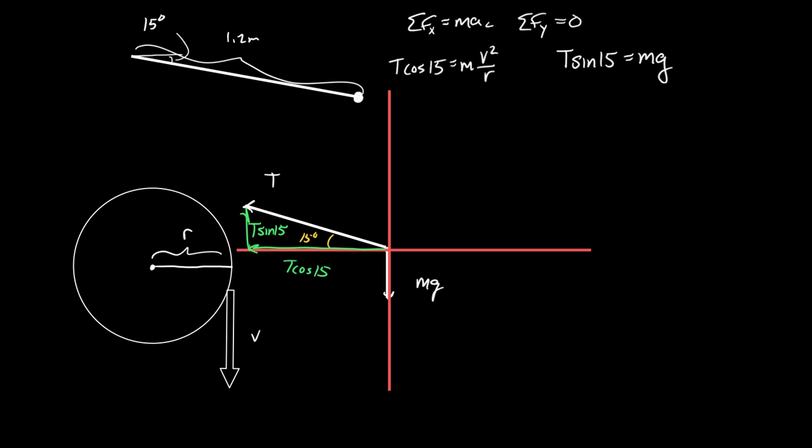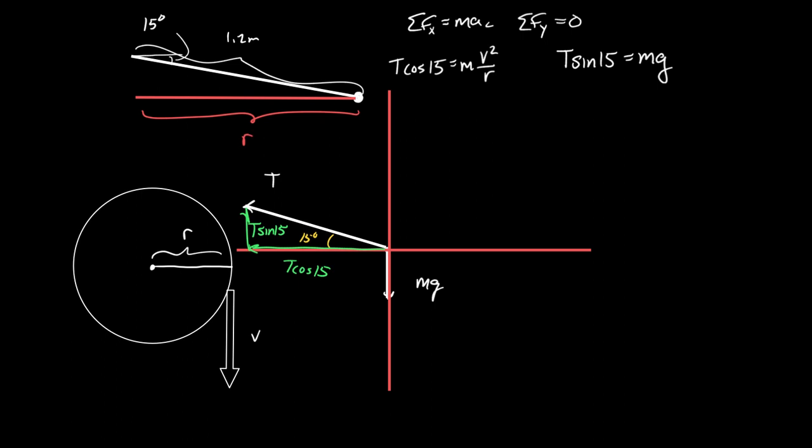All right. I don't know what r is, but I have a way of calculating r. r is not 1.2. r would have to be, oops, that red line here. This is what r is.